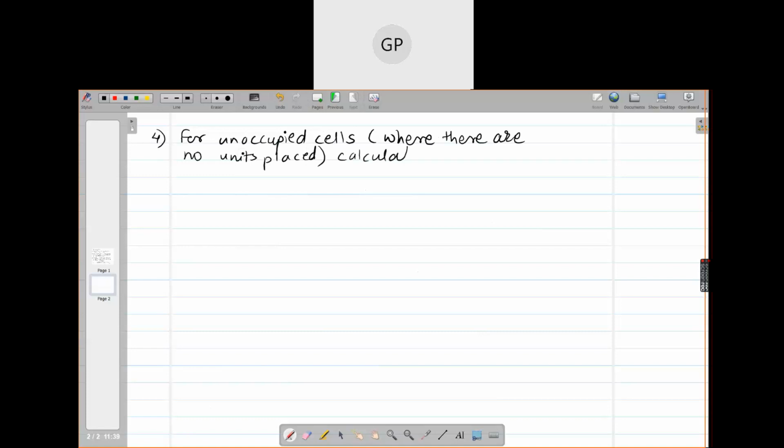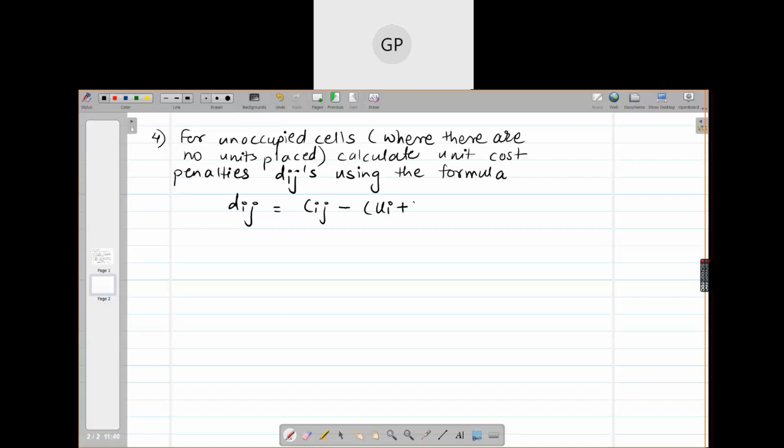Calculate unit cost penalties, Dij's, using the formula. Please write i and j properly.